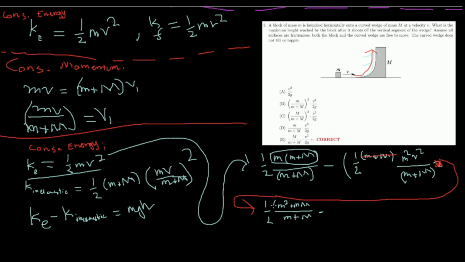Minus m squared over m plus M. Now we can close this parentheses. This is the total mass, essentially. And then finally we have both terms.